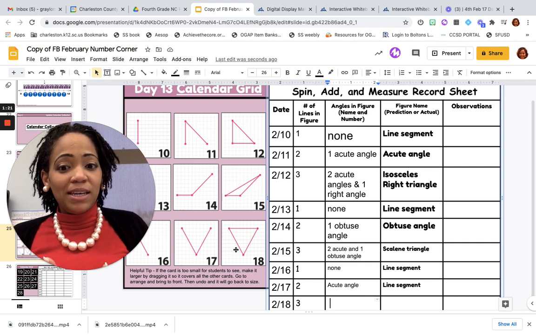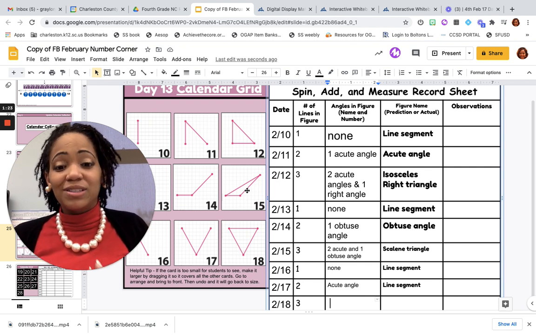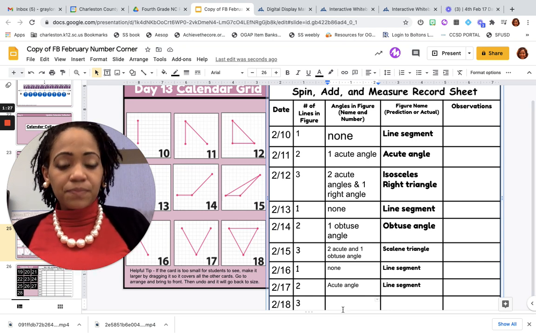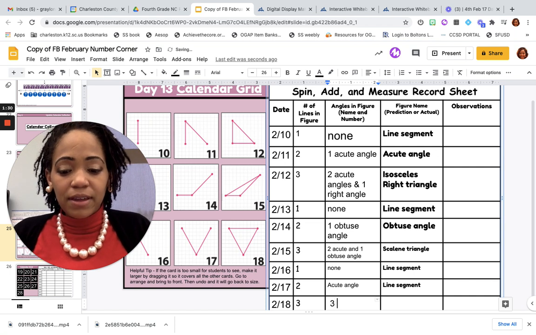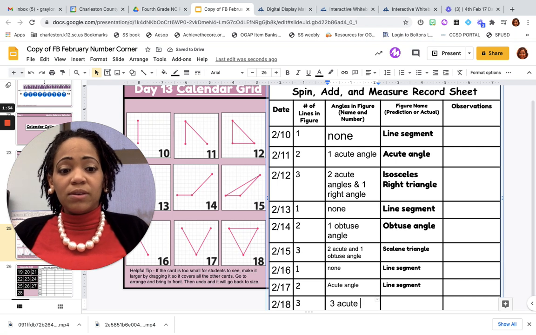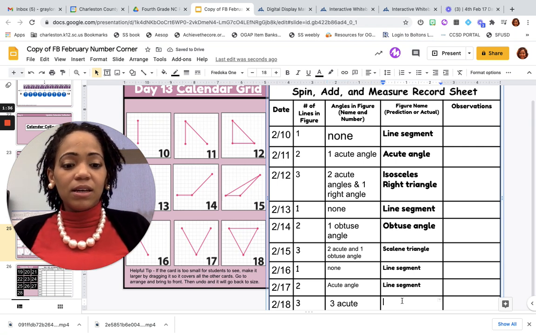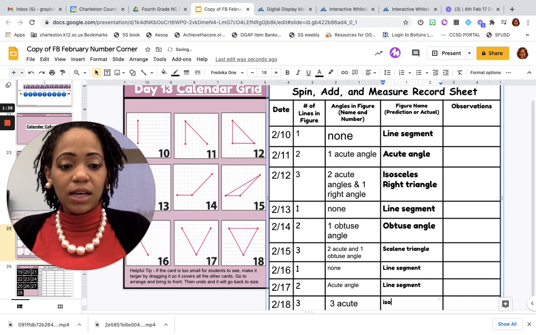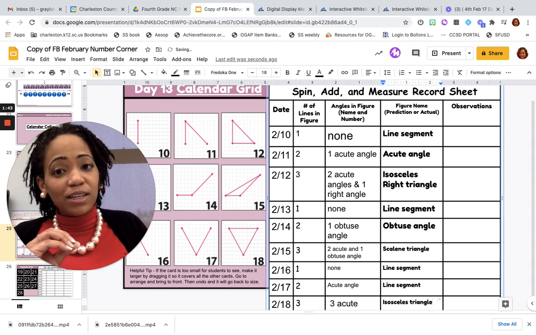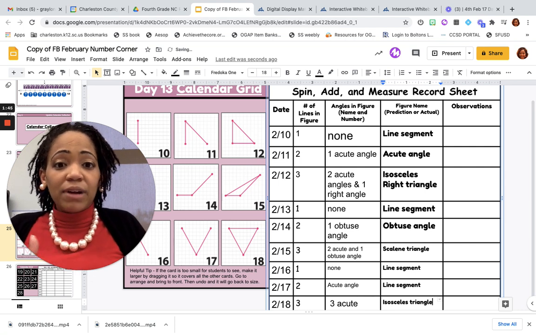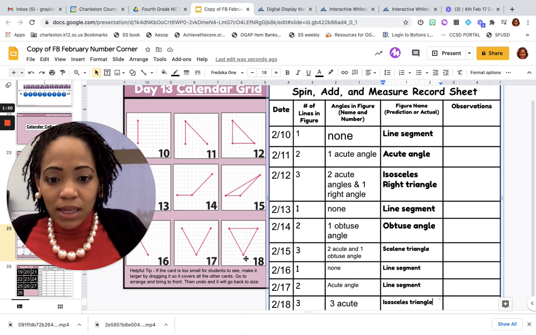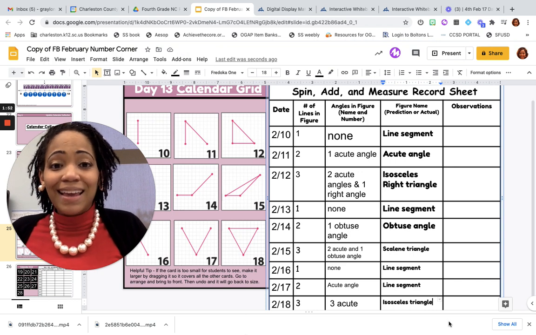I think it might be much like what we had before, which is an isosceles triangle. How many angles are in this figure? We have 3 of them, and all 3 of them are acute angles, okay? And then we can name it, I'm going to say isosceles triangle. It's not an isosceles right triangle because we don't have a right angle in this triangle, but it is isosceles because it looks like these 2 side lengths are the same.